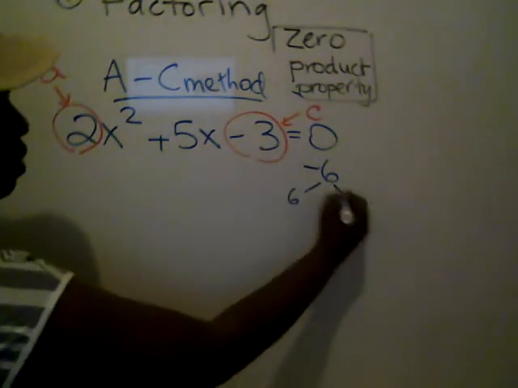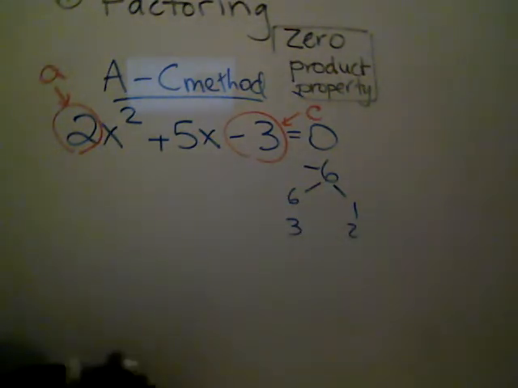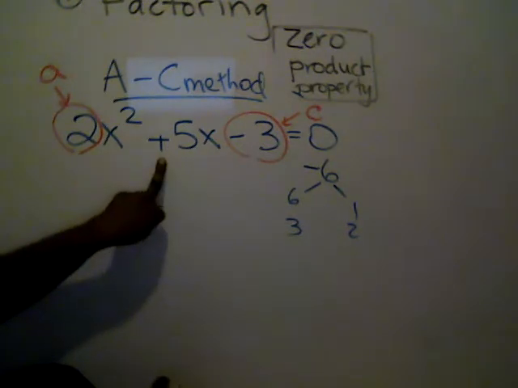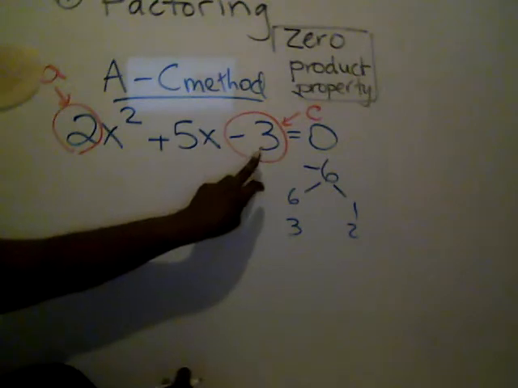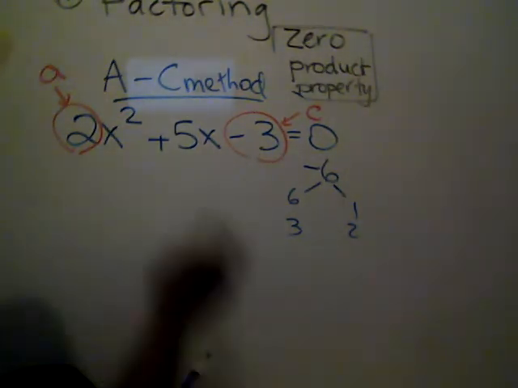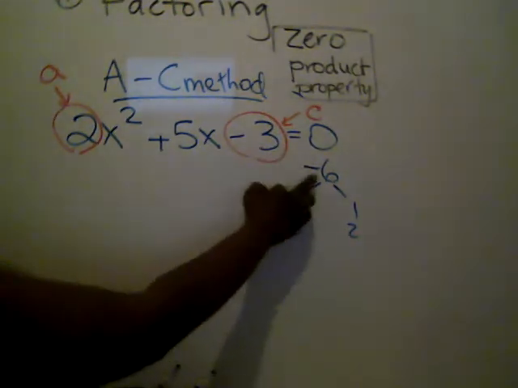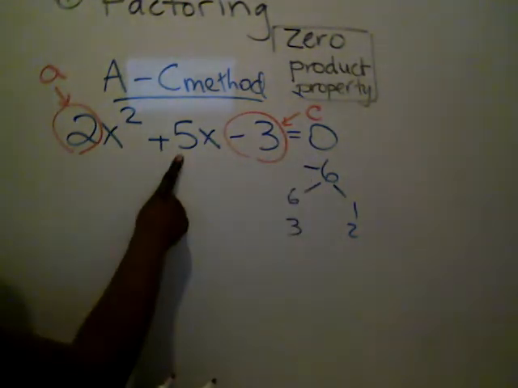So we have 6 and 1, and we have 3 and 2. We're trying to get them to multiply to a negative 6, but add or subtract to get a positive 5.